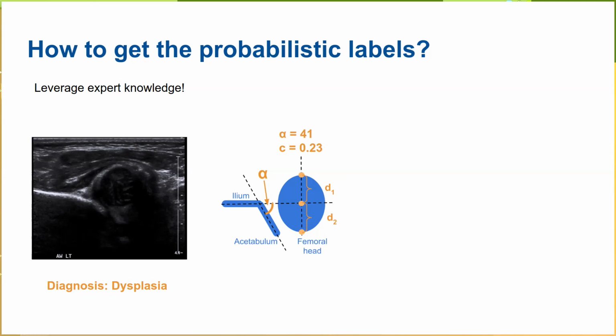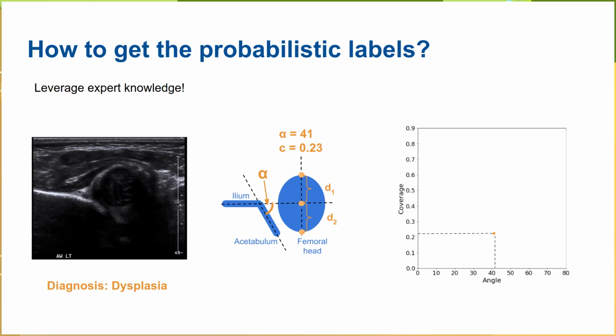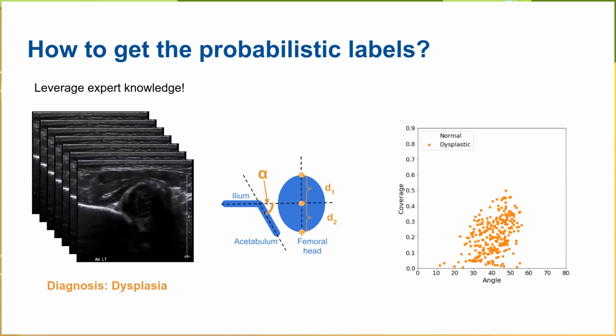Let's say that we have an angle alpha of 41 and a coverage of 0.23. So then we go into this scatter plot, and we put a dot in there. This dot is the representation of the image: angle 41, coverage 0.23. And then we repeat the same for all the images that are diagnosed with dysplasia.